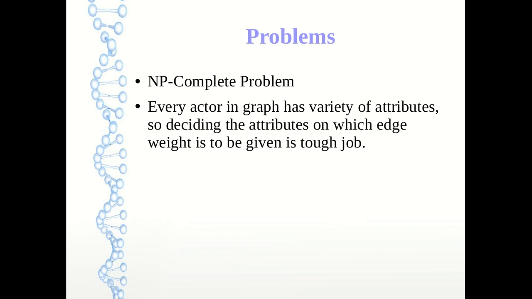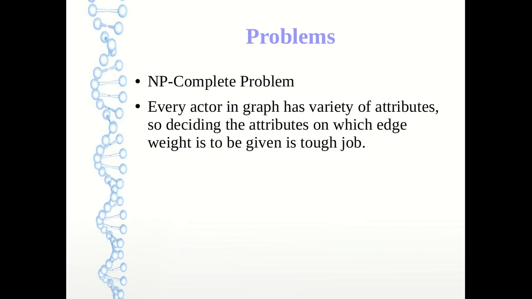Now, problems in community detection. It is an NP-complete problem in the sense that it is analogous to the theoretical problem of finding a clique in a graph, which is a proven NP-complete problem.